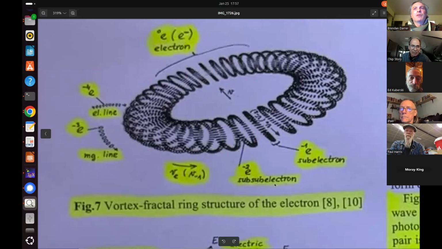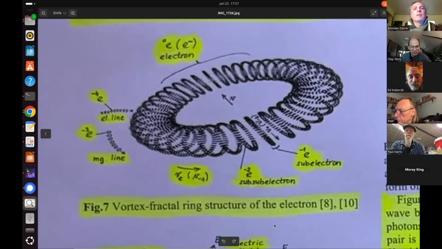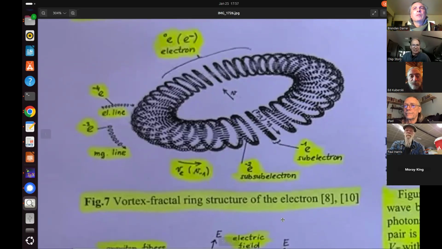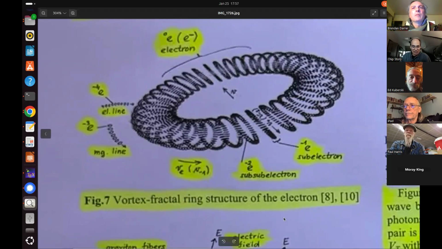And sub-electron as well. Yeah, exactly. Maybe subs are quarks, and sub-subs are etherons. Yes, that's my instinct on that, my gut feel on that.